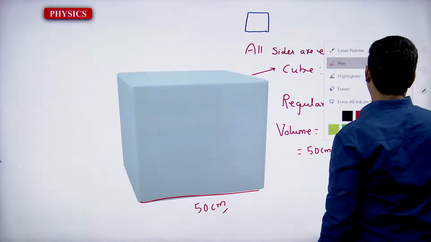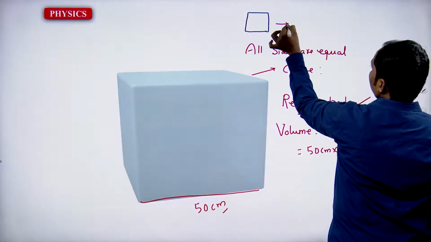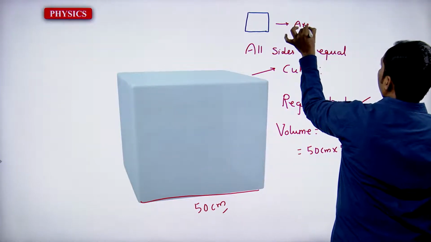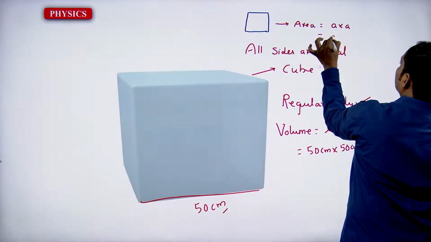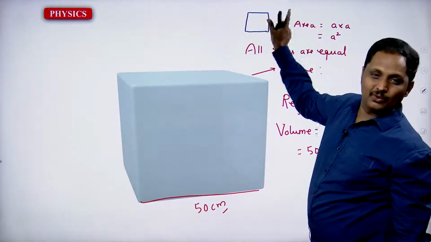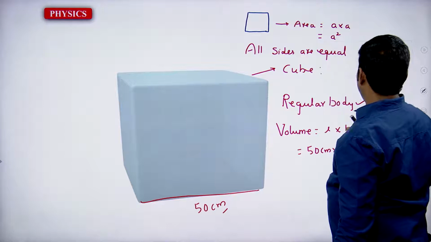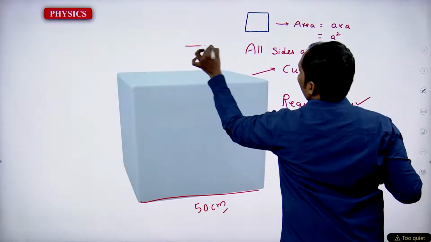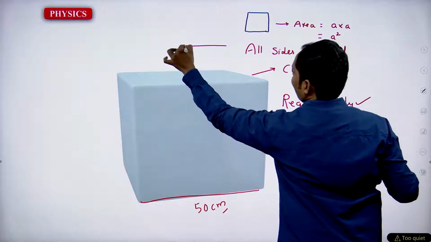Its area is going to be measured as area is equal to A into A, that is going to be A square, alright. All sides are equal, whatever it may be, you are going to get this.